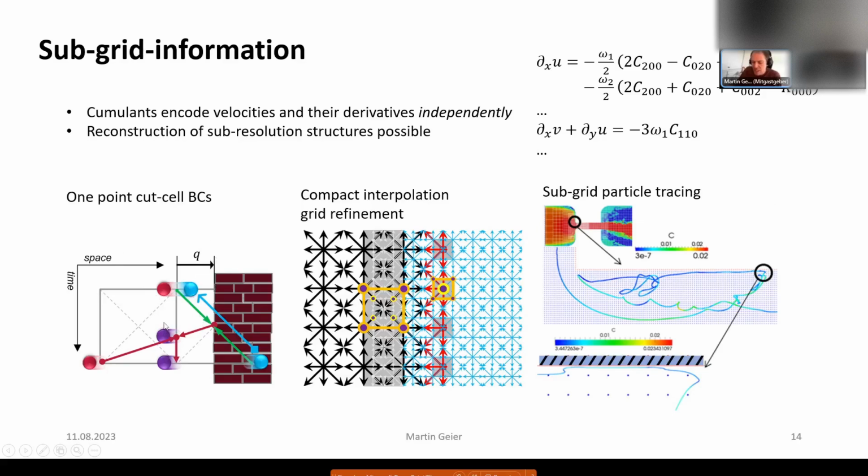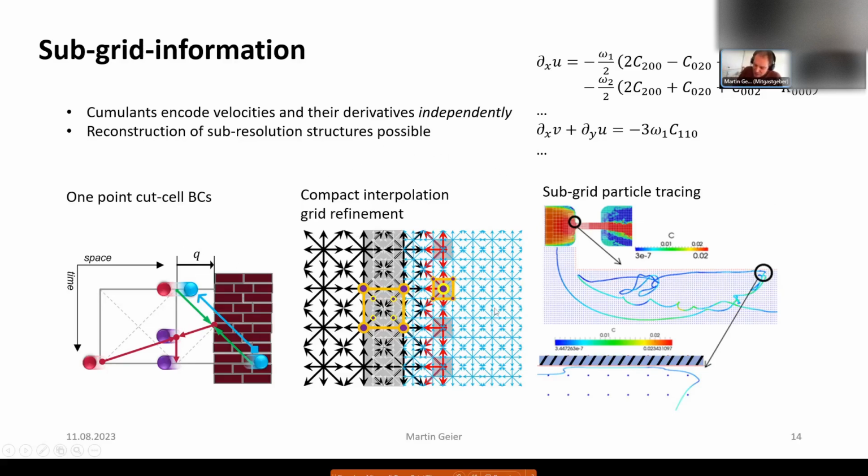Remember, we are on a Cartesian grid, but we want to have arbitrary structures. Because our distribution carries information on the stress, we can use this information to do some subgrid scale interpolation and put boundaries at any arbitrary distance q between grid nodes, for example.